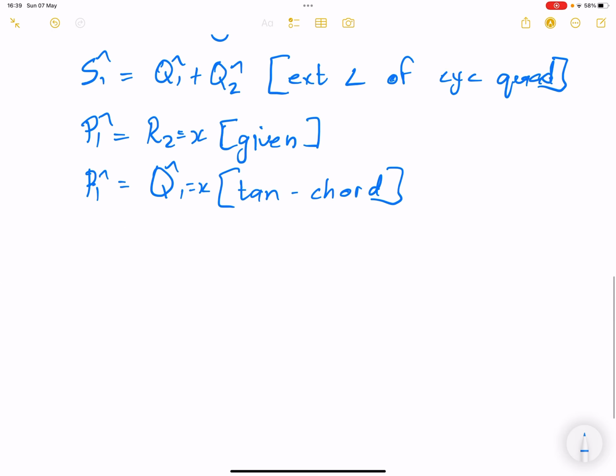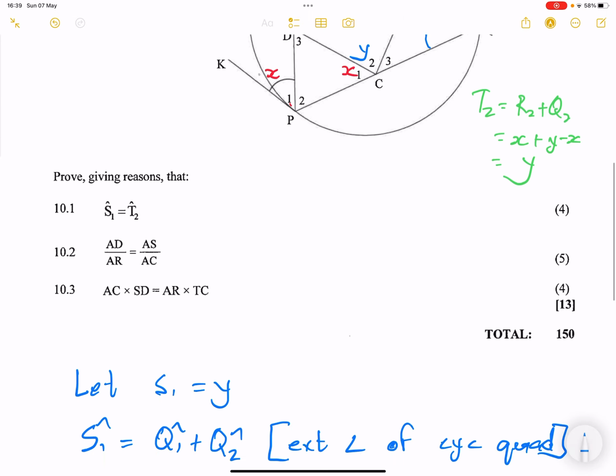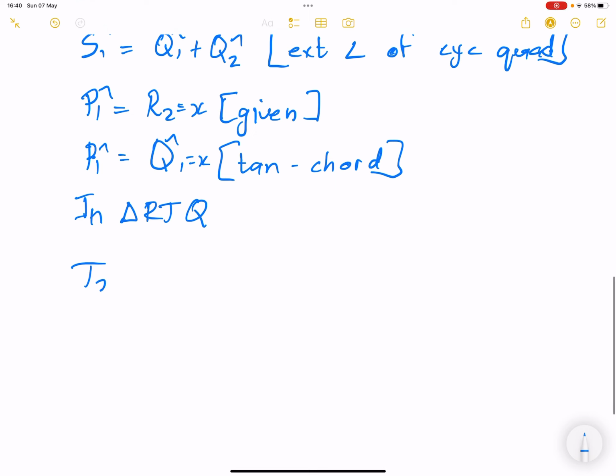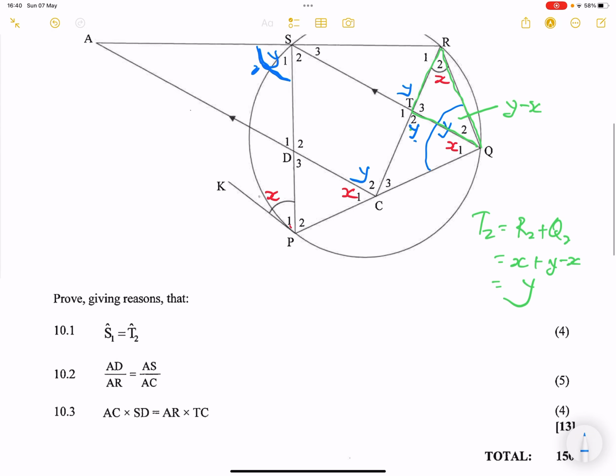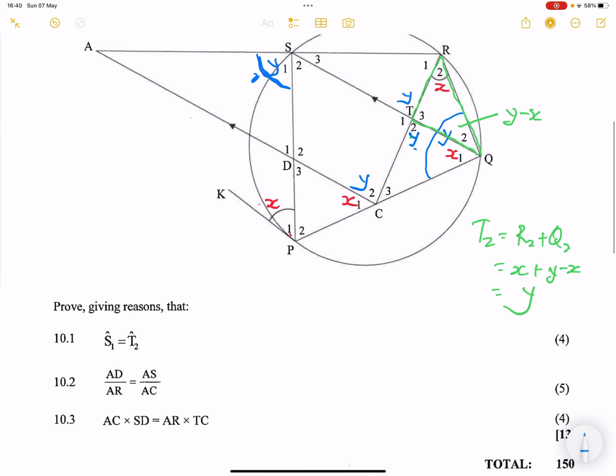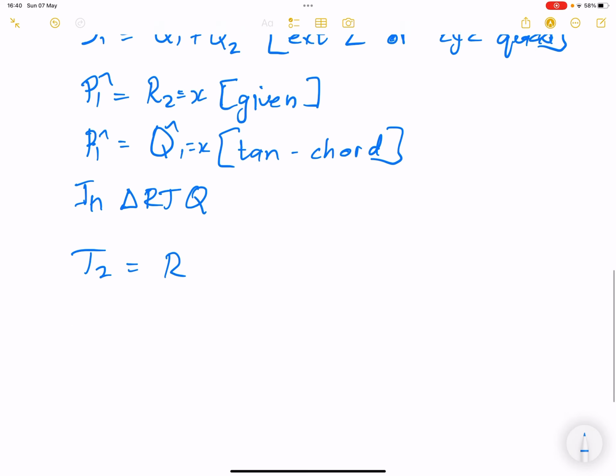So in triangle RTQ, we know that T2 is equal to R2 plus Q2. Okay, so that's R2 plus Q2. All right, so remember, why did we say that? We said that's the exterior angle of a triangle.